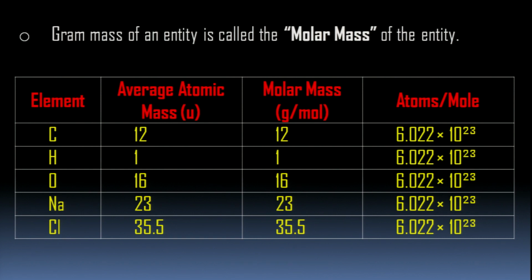Sodium, 1 mole of sodium has how many atoms? It is 6.022 into 10 to the power 23. Similarly, 1 mole of chlorine has how many atoms? 6.022 into 10 to the power 23 number of atoms. And what is the molar mass? 35.5. That is, 35.5 grams of chlorine contains 6.022 into 10 to the power 23 number of chlorine atoms.